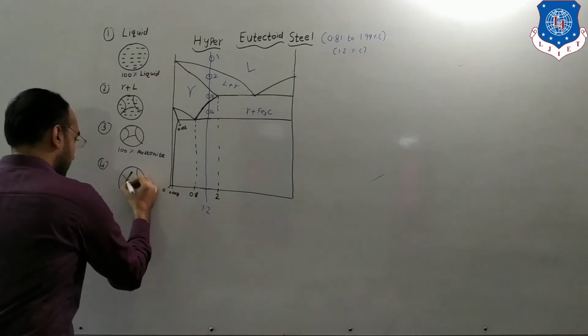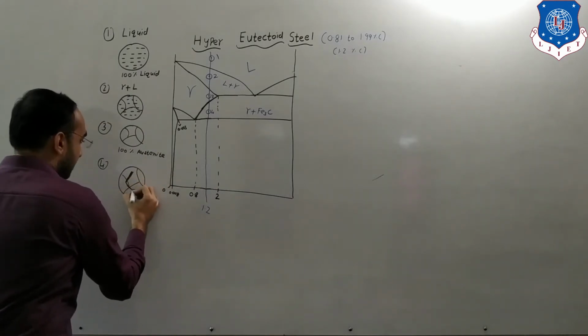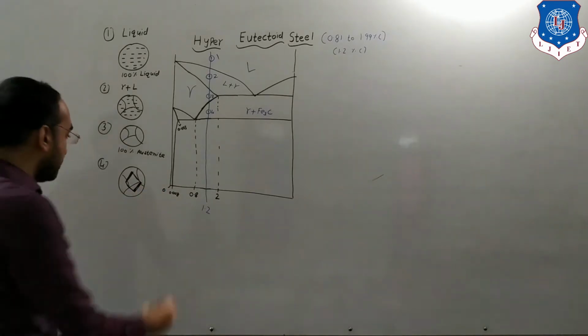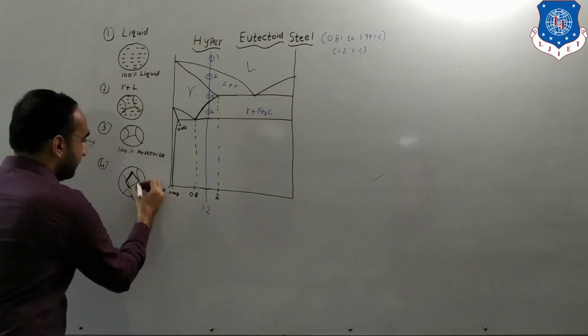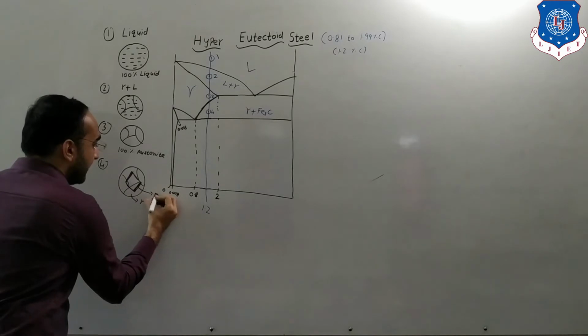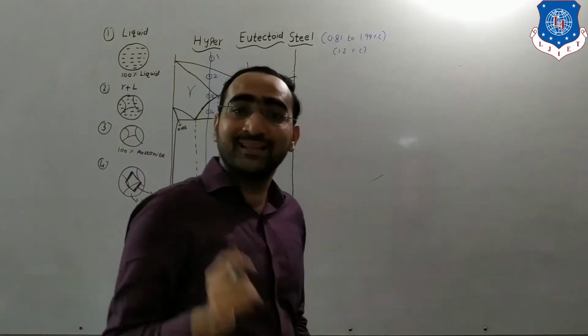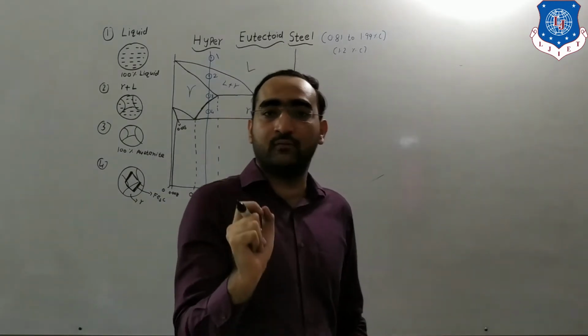So you can draw this as an austenite region plus a cementite network. This is how it looks. Cementite is a closed network.